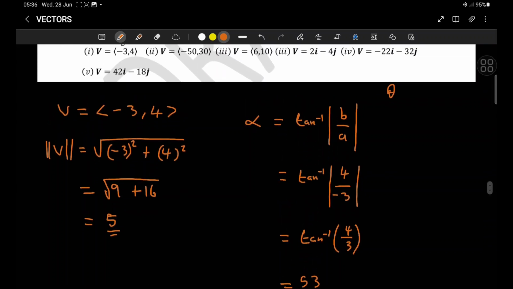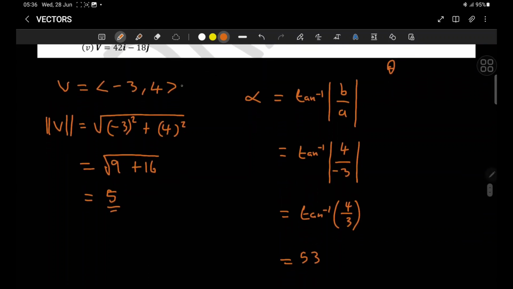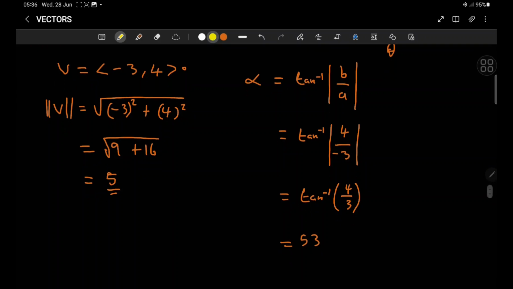So if you look at our vector, which quadrant is it lying in? If we were to just plot something minor, we have the negative 3 there and the positive 4. So it's falling in the second quadrant.